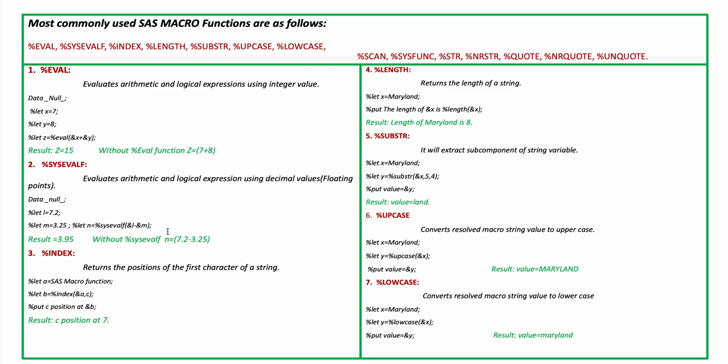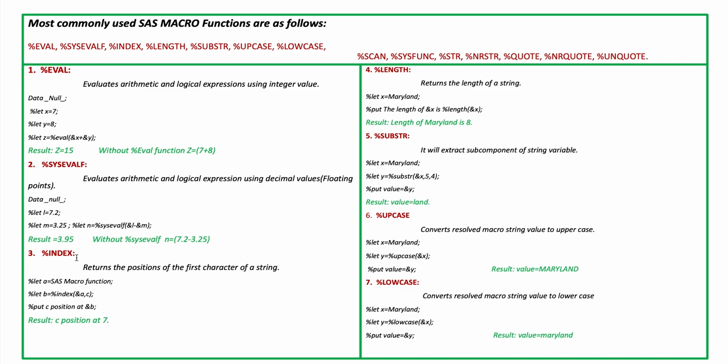Inside the parentheses we use &L minus &M, that means 7.2 minus 3.25. With the help of the %sysevalf function, the result becomes 3.95. But without the %sysevalf function, the value of N becomes 7.2-3.25.